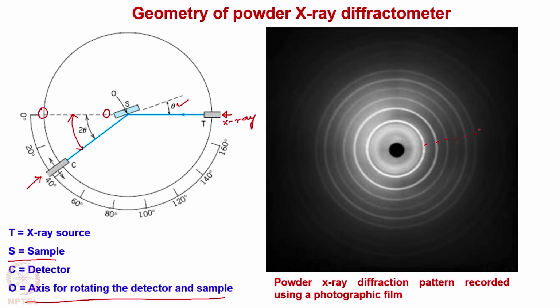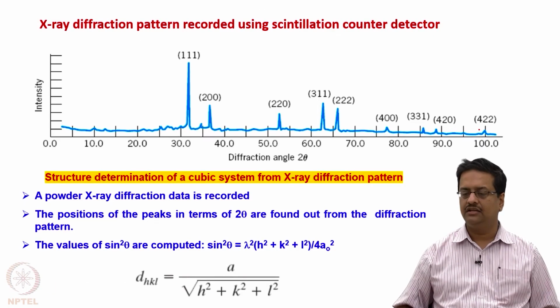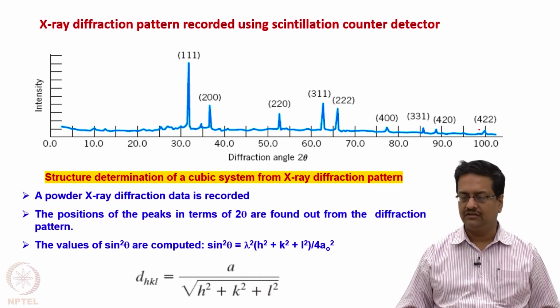Those concentric circles of bright lines indicate that the diffraction is happening at different angles for the particular set of crystals. In the case of powder diffraction, as we know, it is a collection of a large number of microcrystallites, and they are all oriented in all kinds of different directions. So what we get to see is a two-dimensional pattern of intensity versus 2 theta using a modern-day diffractometer.